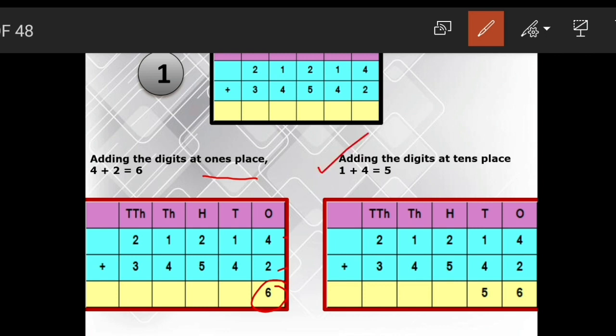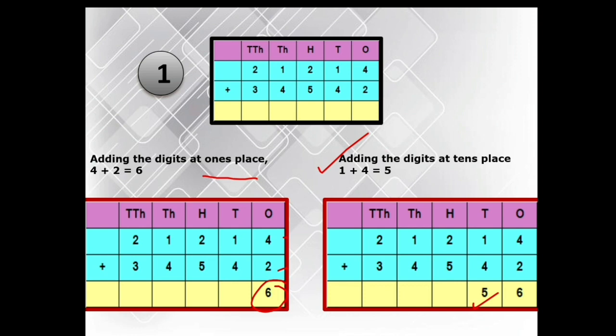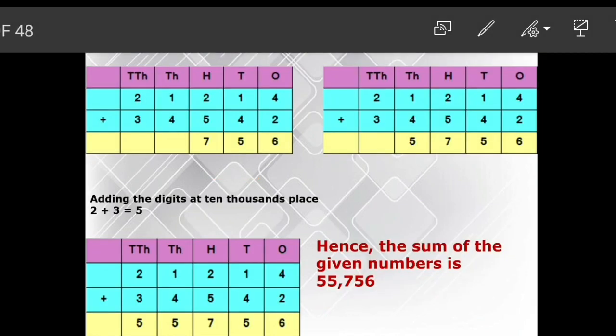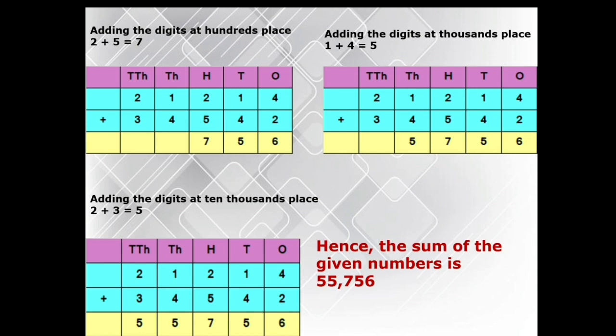Then second step is adding the digits at tens place. That is 1 plus 4 and we got 5. The third step is we have to add the digits at hundreds place. So you can see we have done 2 plus 5, 7. The next step is adding the digits at thousands place, that is 1 plus 4.